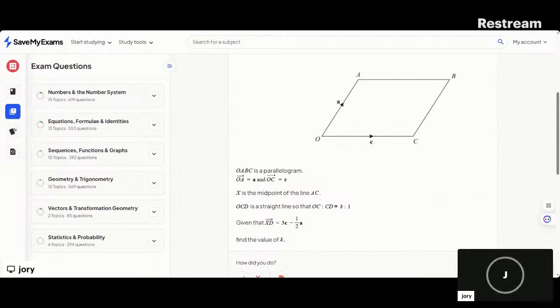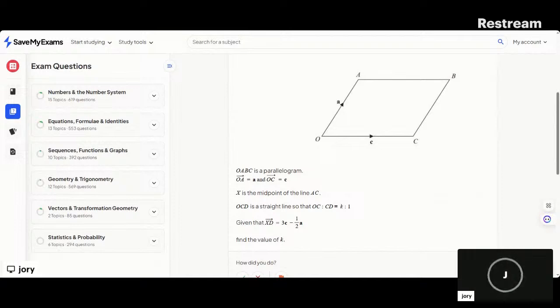So CX equals half of CA, equals half of A minus C, equals A over 2 minus C over 2. Now we found CX.